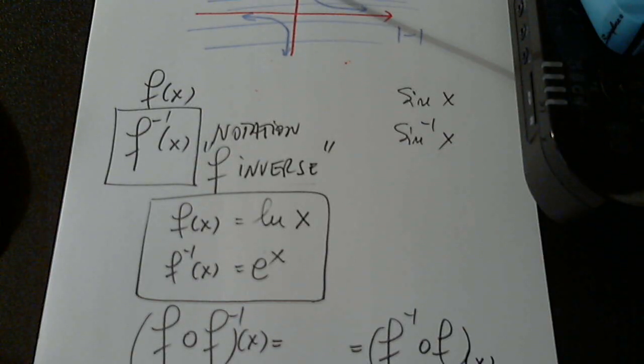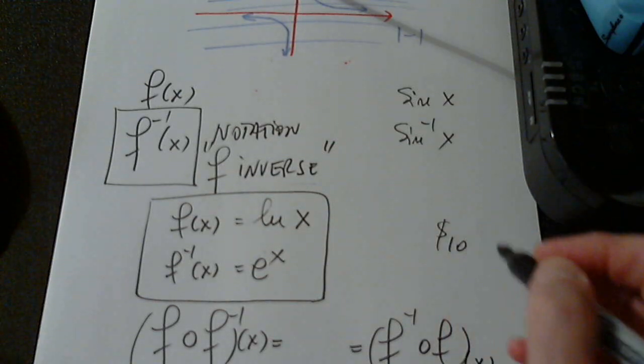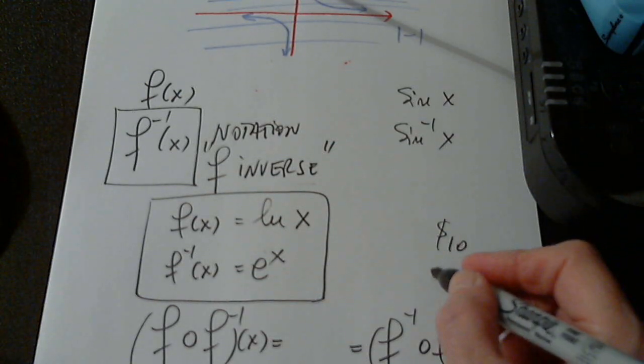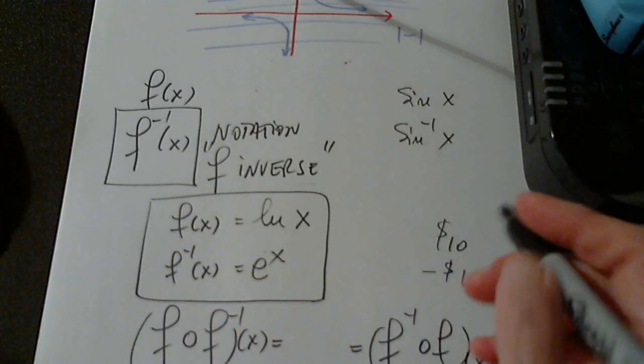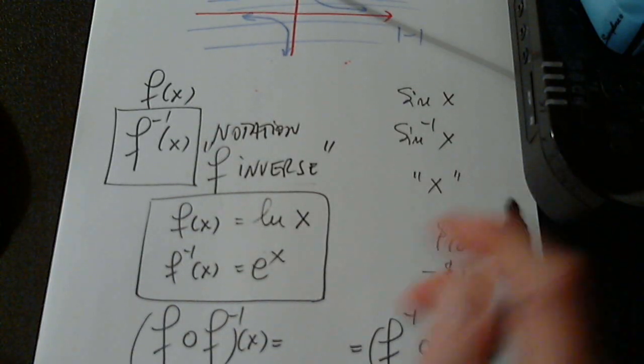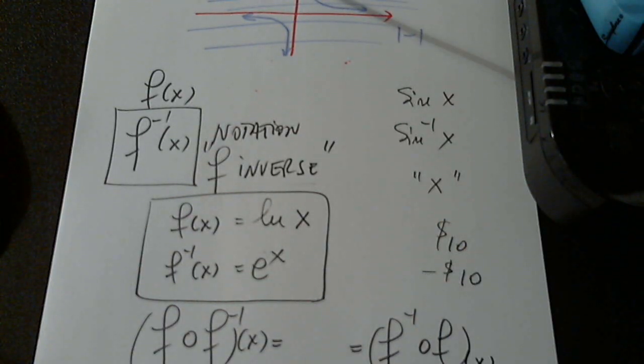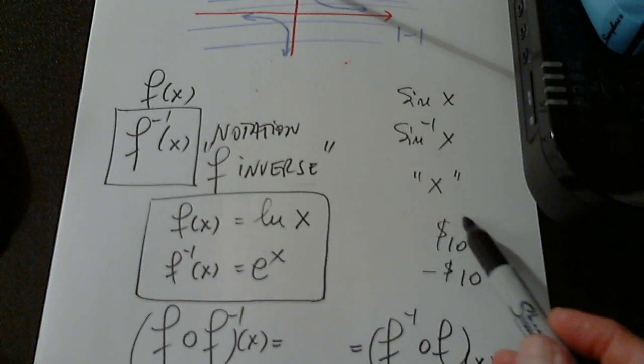Here's an example. I give you $10 and then I take it back. What are you left with? You have x amount of dollars in your pocket. And I come to you and I say, look, let me give you $10.